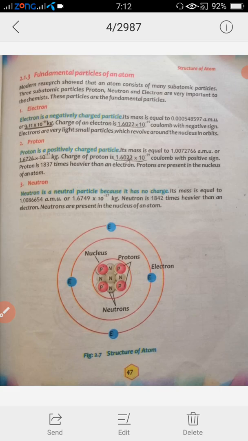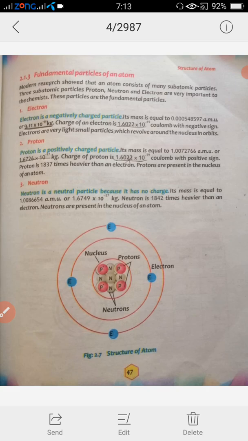That is the reason that nucleus contains the heaviest particles. Due to this, nucleus is heavier than the orbital region, and we can say that the nucleus imparts the atomic mass.